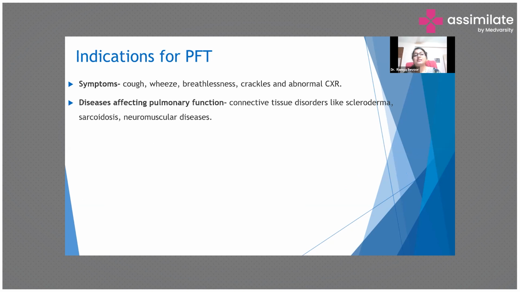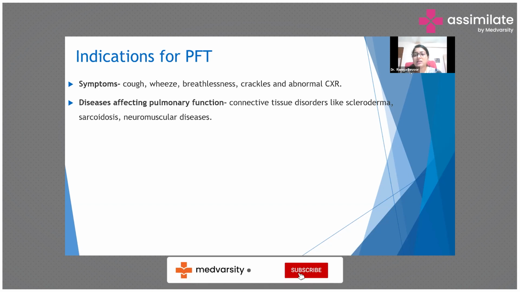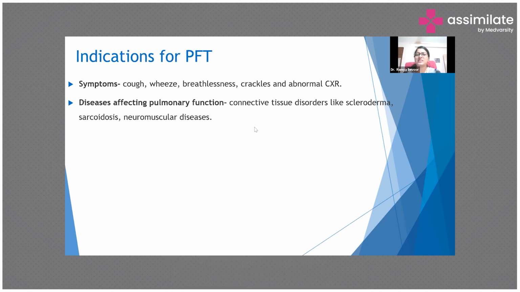If a patient has any diseases that can affect pulmonary function, especially connective tissue disorders like scleroderma and sarcoidosis, or any neuromuscular diseases, because they start reducing the lung capacity, we can do PFT in such patients.